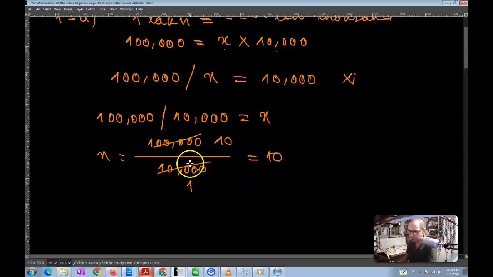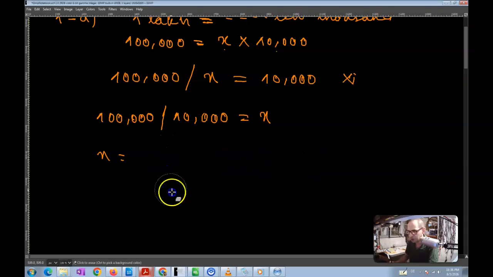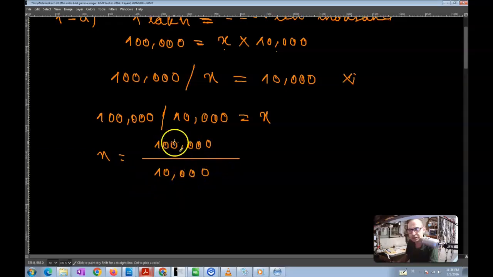Now if you don't understand this, we can make it a little bit simpler. We can take one more step. We can say that this x is simply 100,000 divided by 10,000, and I can rewrite the numbers in the numerator and in the denominator.